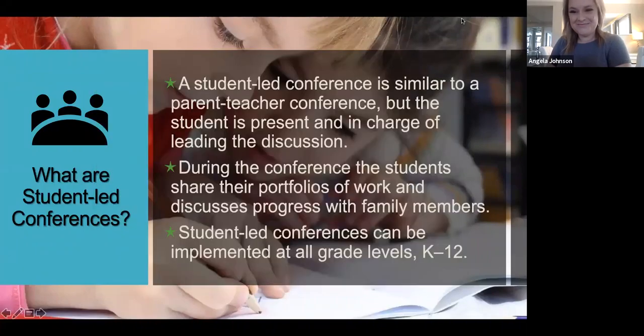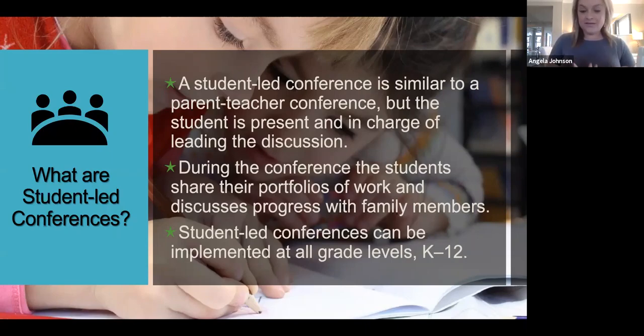There you go. All right, so what are student-led conferences? So we have the traditional style conferences, right? The parents come to school, they come to the center, or the learning center or the regular K-12 system, and the teacher talks about the student, and that's it.